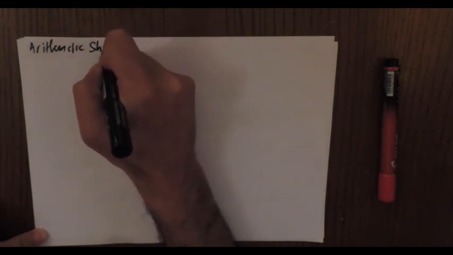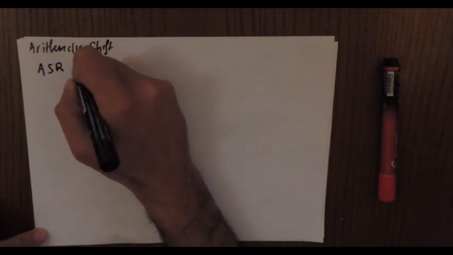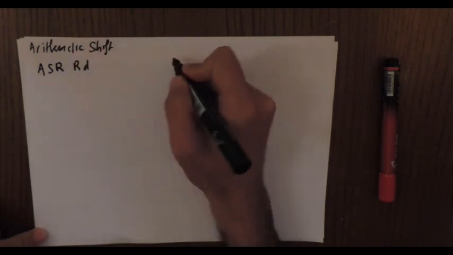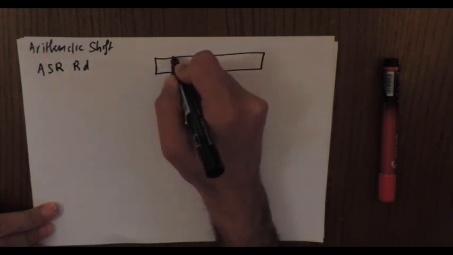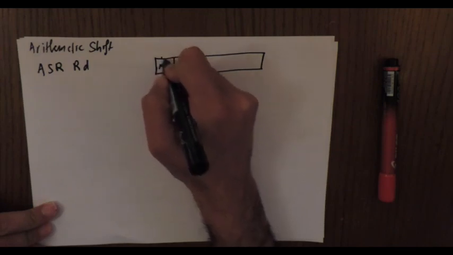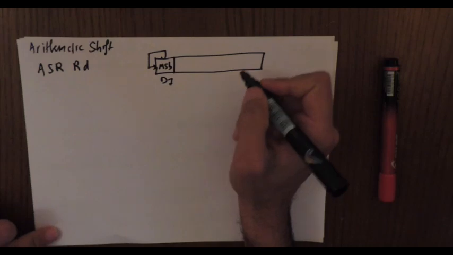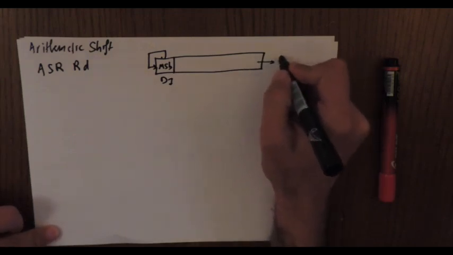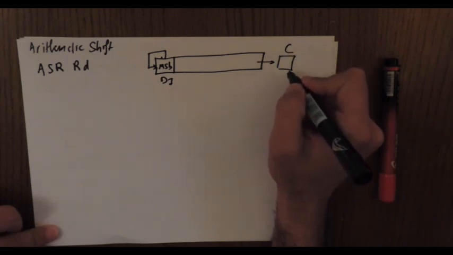It's called ASR, and it takes Rd. Here the most significant bit, which is D7, will always be fed back into the top bit, and of course we're shifting right, so the low bit goes into carry.